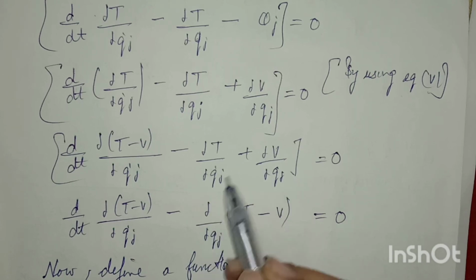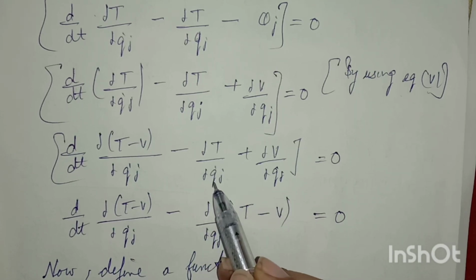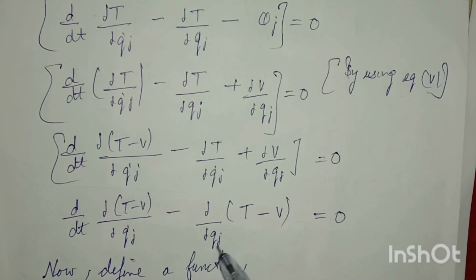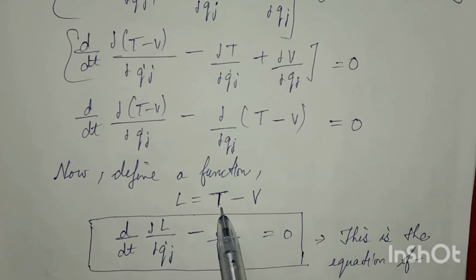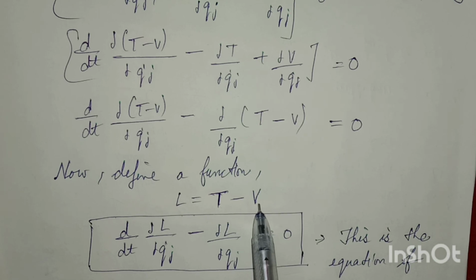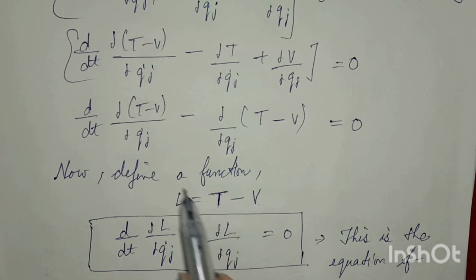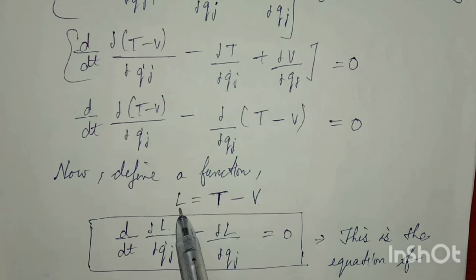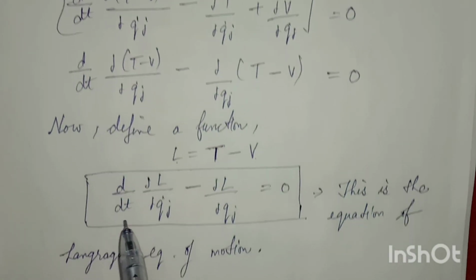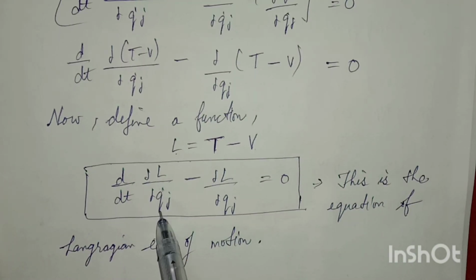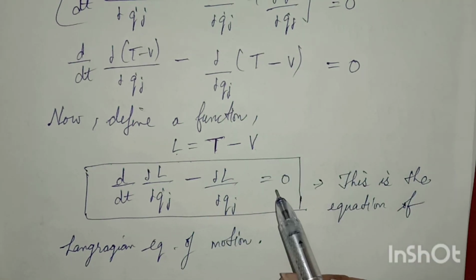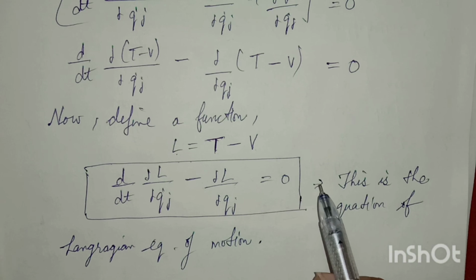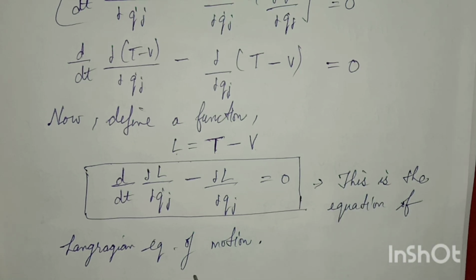Again from here we can take common ∂q_j. Now we define a function L, which is equal to T minus V. So in place of T minus V we put L. We can write d/dt of ∂L/∂q̇_j minus ∂L/∂q_j is equal to 0. So this is the Lagrange's equation of motion.